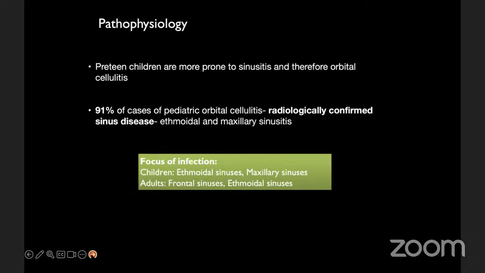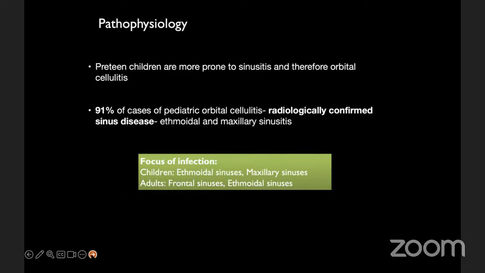So to understand the pathophysiology, it is important to note that in preteen children, why we say preteen is because by the teen age, most of the sinuses are well developed and pneumatized. So in the preteen children, they are more prone to sinusitis and therefore orbital cellulitis as well.